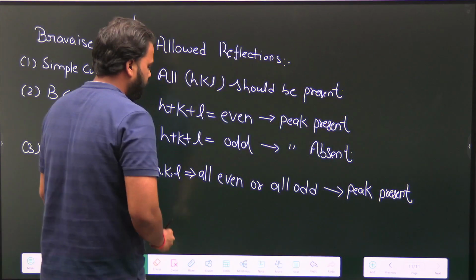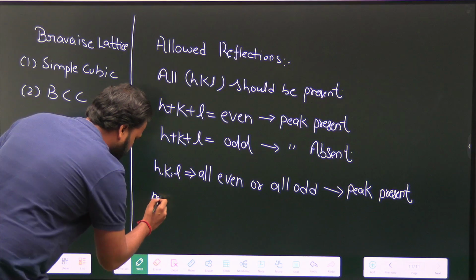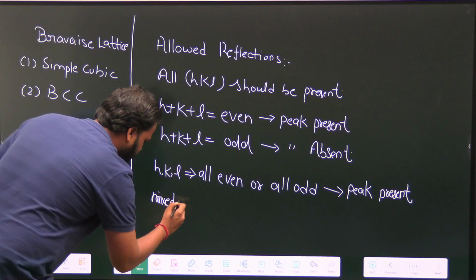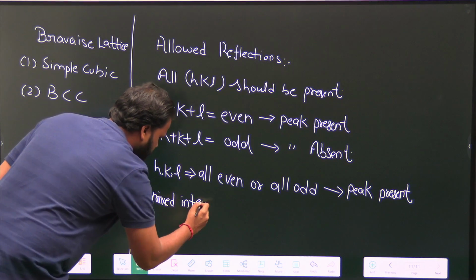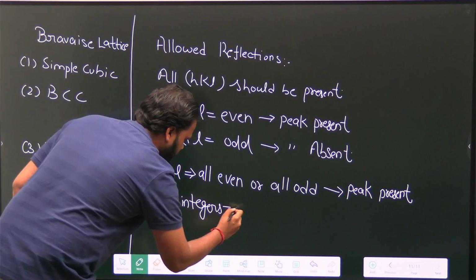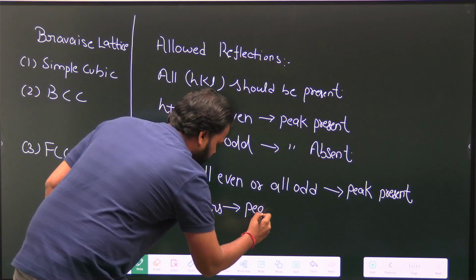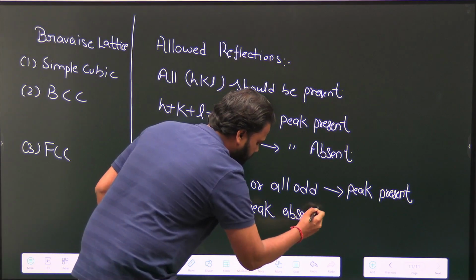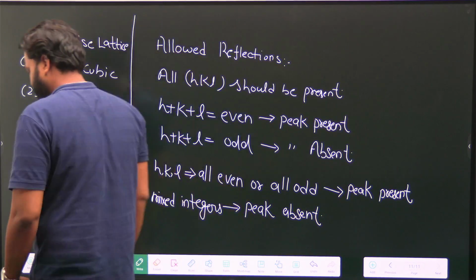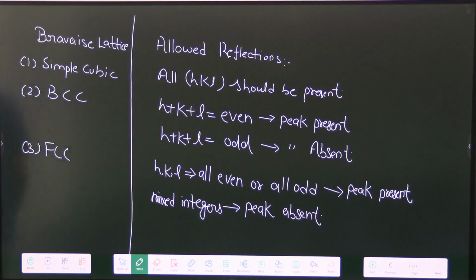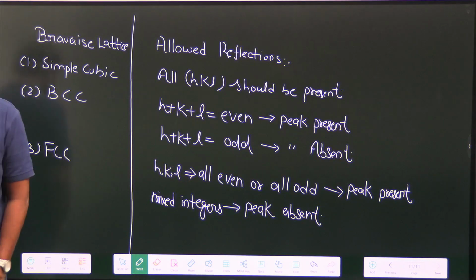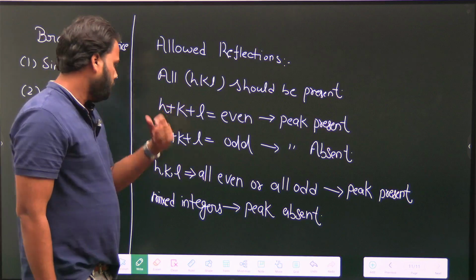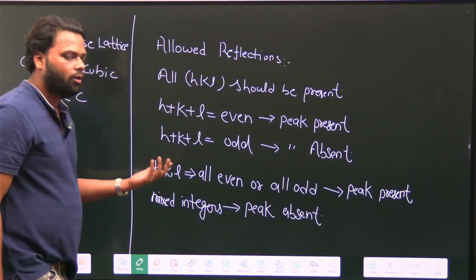Okay, and if there is mixed integers, then the peak will be absent. Clear hai? The peak will be absent. Okay? Now, ये तो वो बात हो गई जो हमने सॉल्व भी किया हुआ है.